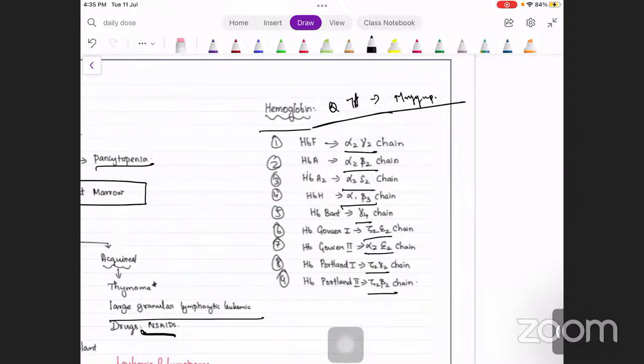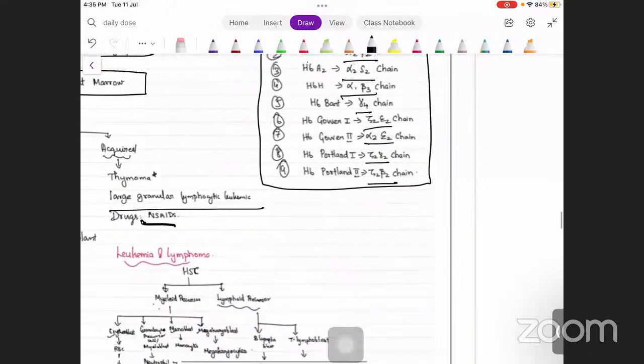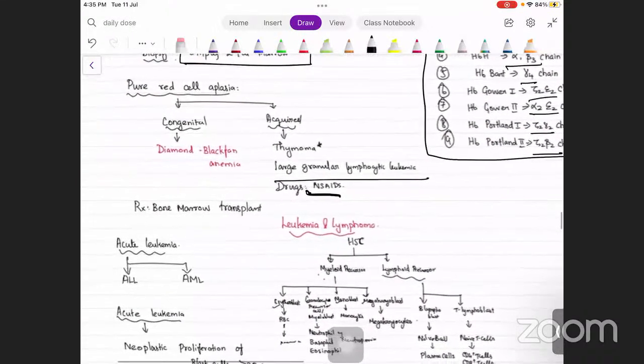Very, very important MCQ: abnormal hemoglobin chains and their names.